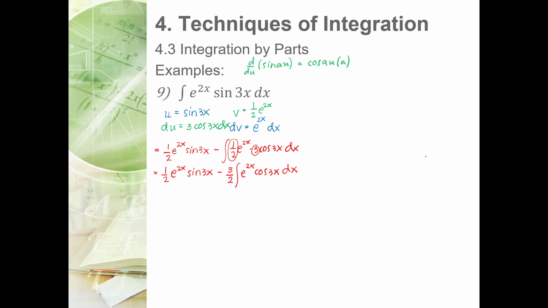So again, a repetitive process. u is equal to cosine 3x, and dv is equal to e to the power of 2x dx.